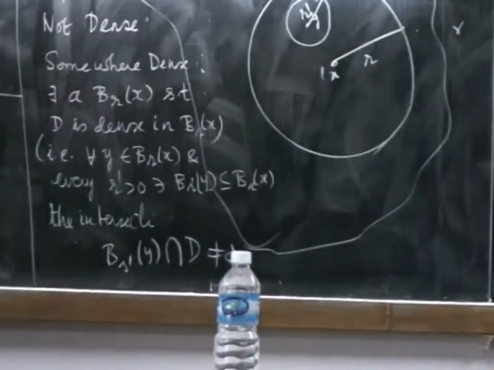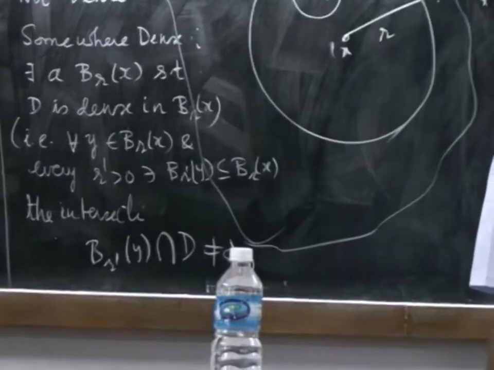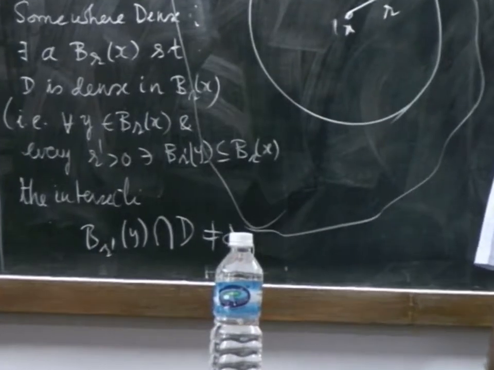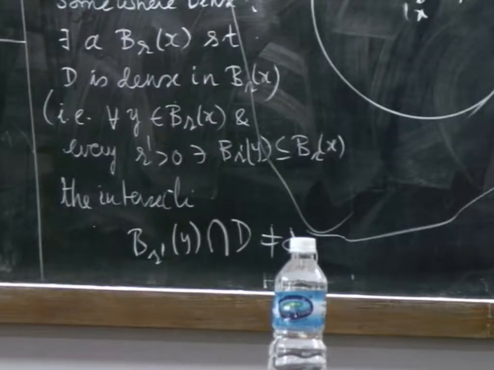The same thing in terms of sequences: for every y in B(R, x) there exists a sequence D_n in D such that D_n converges to y.